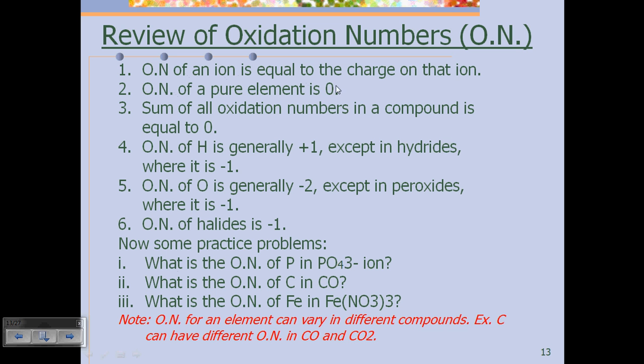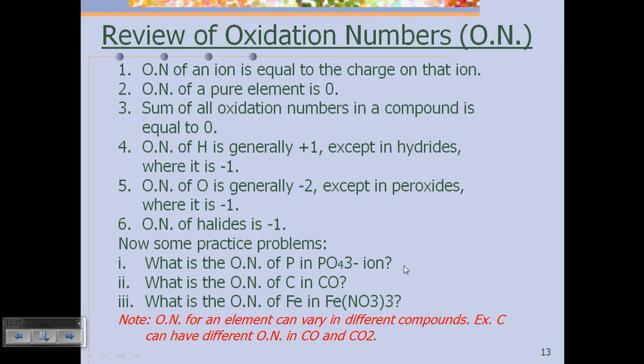Oxidation number of an ion is equal to the charge on that ion. Oxidation number of a pure element is 0. Sum of all oxidation numbers in a compound is equal to 0. Oxidation number of hydrogen is generally plus 1 except in hydrides where it's minus 1. Oxidation number of oxygen is generally negative 2 except in peroxide where it's negative 1. Oxidation number of halides is negative 1.